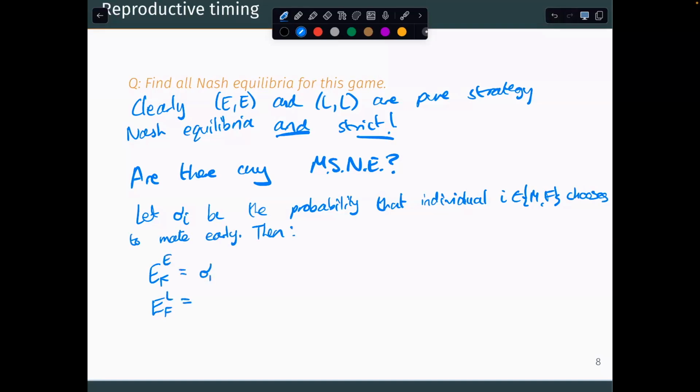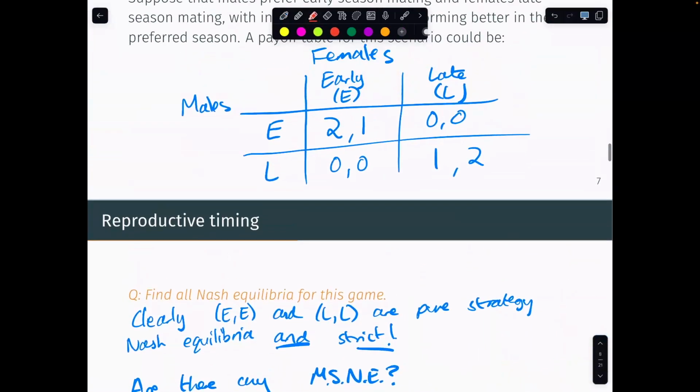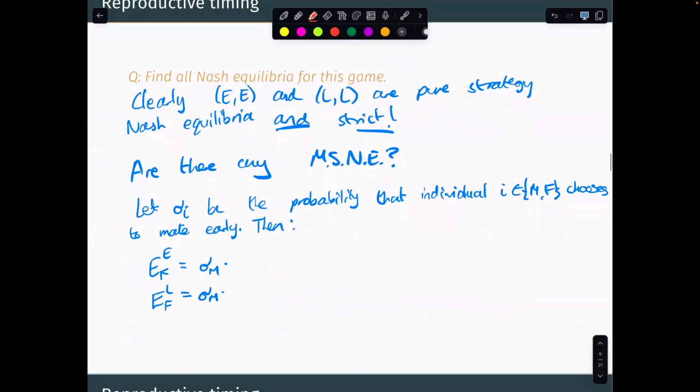this is going to be the probability that males mate early, sigma M, times the payoff for females in those scenarios. So if males mate early and females mate early, there's a payoff of 1. If they differ, there's a payoff of 0. So if both mate early, females get a payoff of 1.